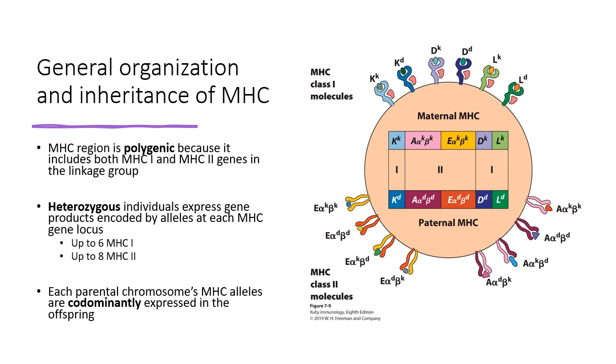So up at the top, you've got the class 1 molecules, and at the bottom, you've got the class 2 molecules. The class 1 has the alpha chain, which has 3 different genes that encode different versions of alpha chains scattered throughout your genome. So you can actually make the KK gene or the KD gene if you're heterozygous, or you can make the DK gene or the DD gene, or the LK gene or the LD gene, depending on which of these you express.